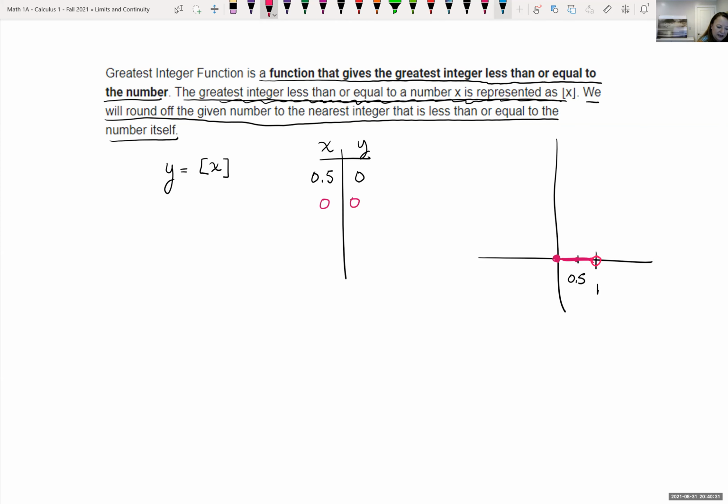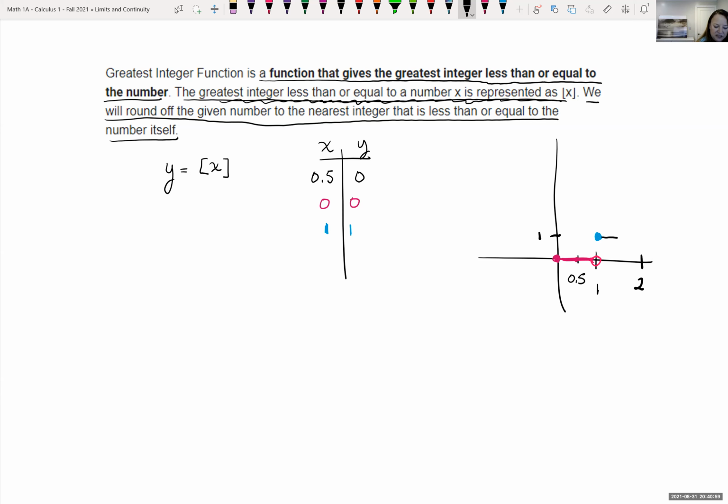Because technically, when x is 1, that's an integer, I get back itself, 1. So at 1, 1, I have a closed circle. Any number you choose in between 1 and 2, like 1.5, well, that's not an integer, but the integer that's biggest to the left of 1.5 would be 1.